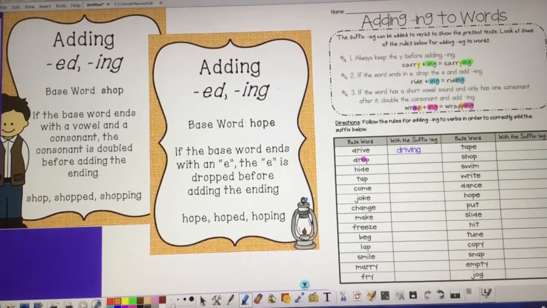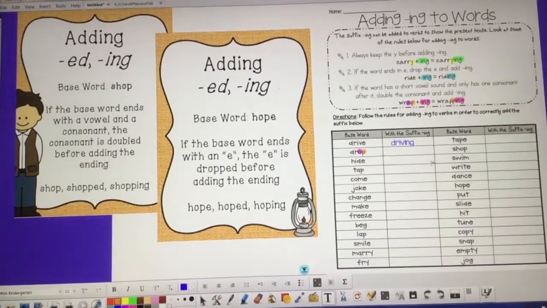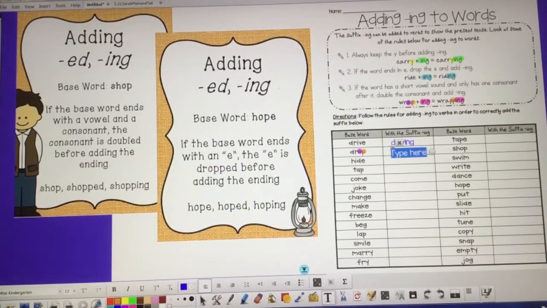So if I look at rule number 3, that means I'm going to double that. So I'm going to do DROP, but I'm going to double the P and add ING for dropping. Hide, we already talked about it. It ends with an E. If I go up to rule number 2, I'm going to drop the E. So HID, drop the E, ING.